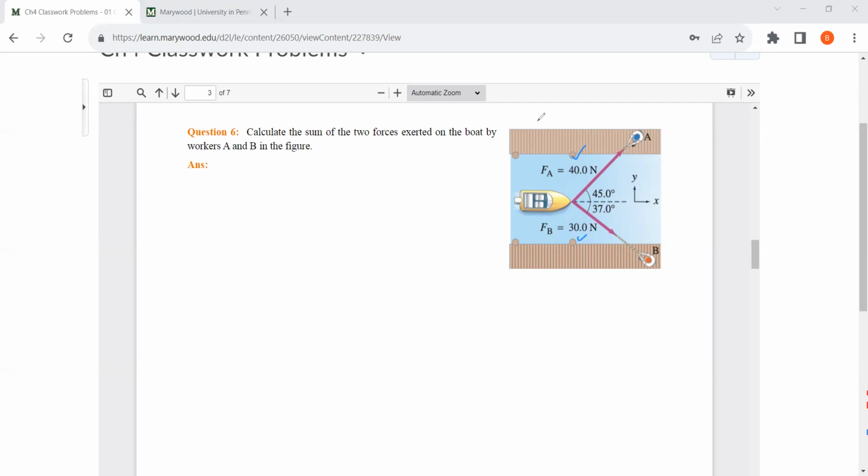So let's break FA into its components first. So this is one component and this is the x component. So this is FAy because this is parallel to the y-axis, and this is FAx. Now let's first write down FAx. So FAx is FA cosine 45 degree.